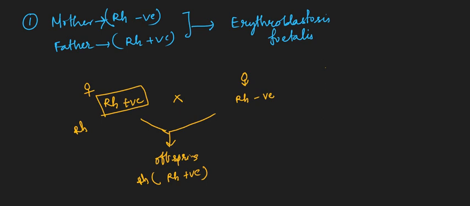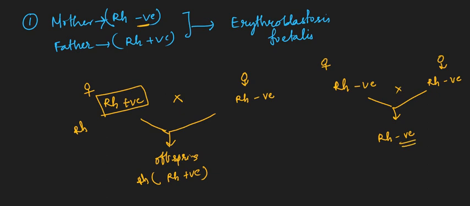So only in this condition, when the mother is negative. Let's say another condition. If the mother is Rh negative and the father is also Rh negative, then what about the baby? The baby will also have Rh negative blood. So see here, the mother and the baby have the same kind of blood. Both are lacking Rh antigen. So also there is no problem here.